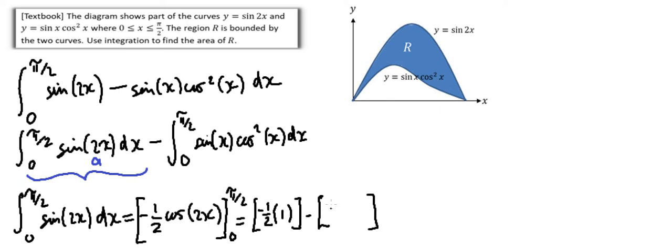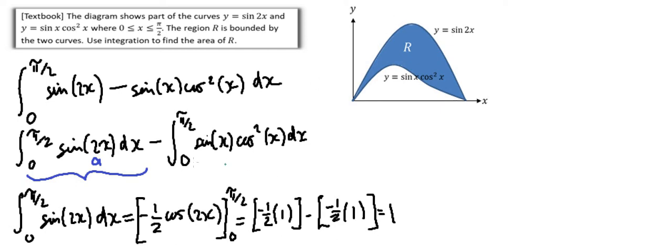And then we're going to do 0, so cos of 0 is 1. So we have minus a half times 1. That gives us, in total, 1. Okay, so that's that part.